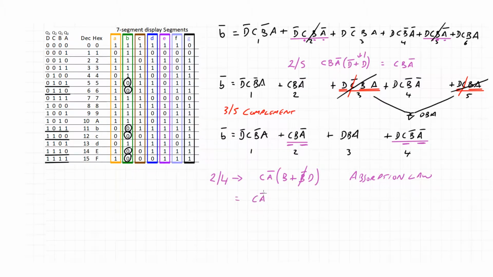So we end up with C not A into B or D. So that's C not A B or C not A D, which you can write in alphabetical order if you want to. So we've used the absorption law, C B not A or D C not A.